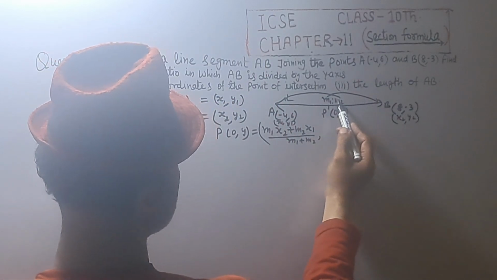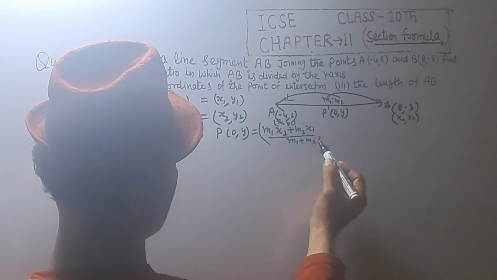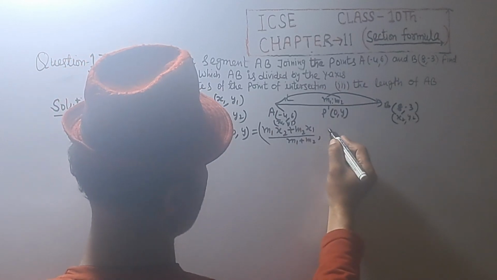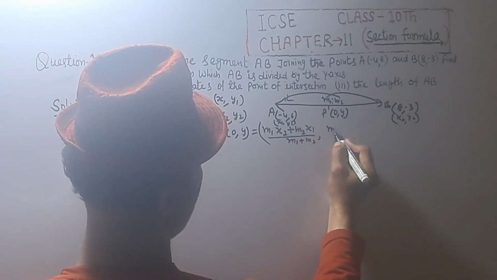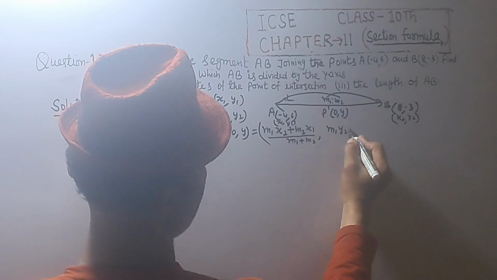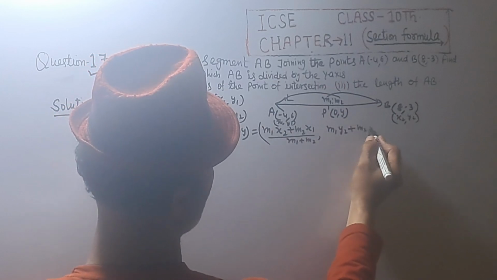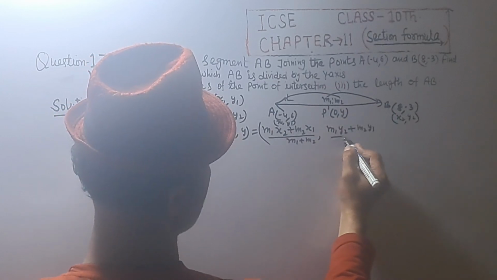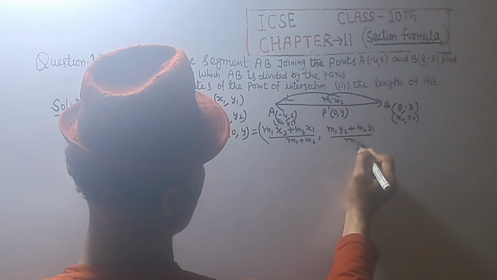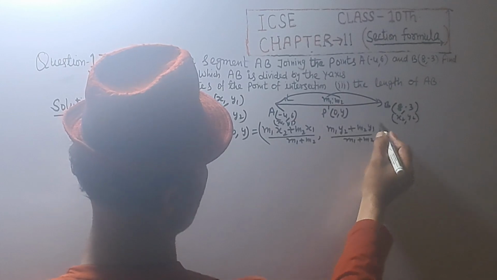The first point is (m1x2 + m2x1)/(m1 + m2), and the second point is (m1y2 + m2y1)/(m1 + m2).